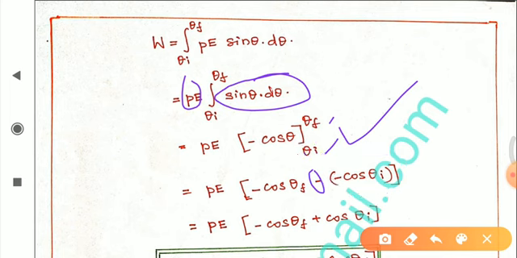Then minus into minus is equal to plus. So in the next step we have written PE into minus cos theta F plus cos theta I.